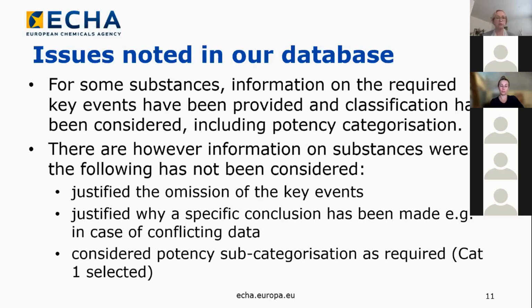Sometimes we also had conflicting information, and it was not justified why a specific conclusion was reached. Also, we saw quite a lot of cases where the substance was predicted to be a sensitizer, but no subcategorization was considered as required by law. So the registrant had selected category 1 as self-classification.